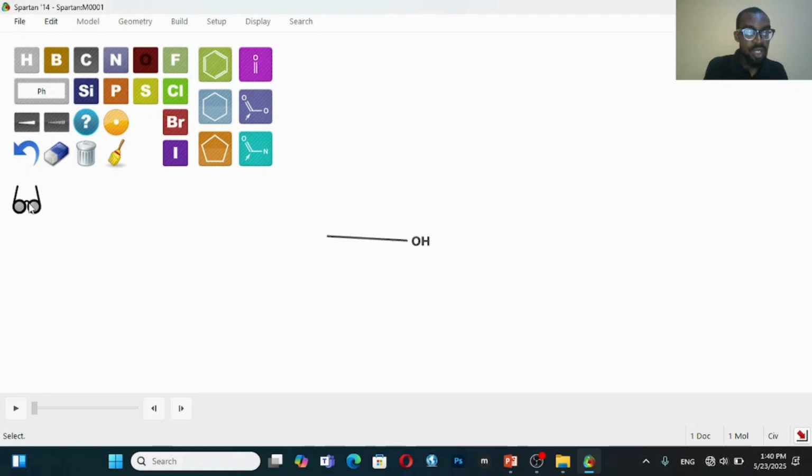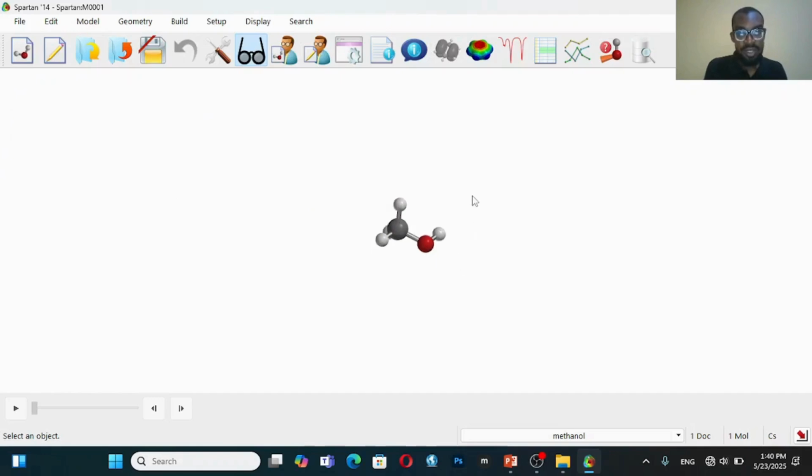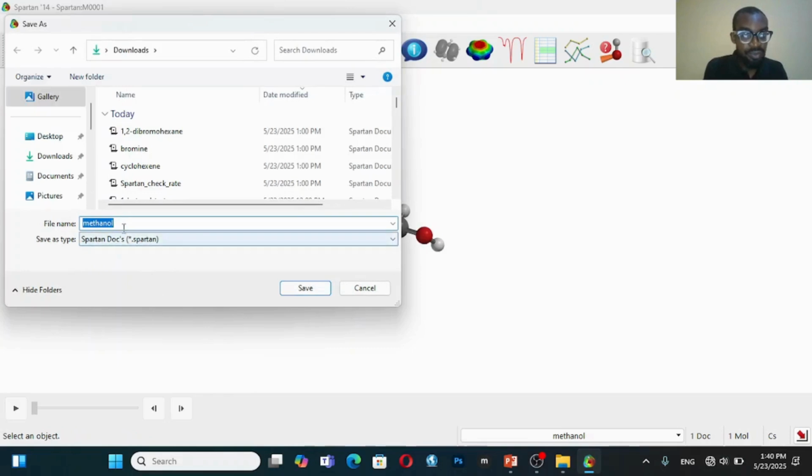Then what you do is to click this, which will convert it into 3D. You can see that. So please don't forget, I have to go back to show you how to clean up your structure. It's not evident for methanol, but when you're drawing large structures, you'll see the advantage of cleaning up your structures. Now, what we can do is to save this. So I'll be saving this as methanol. Let me add DFT to it.